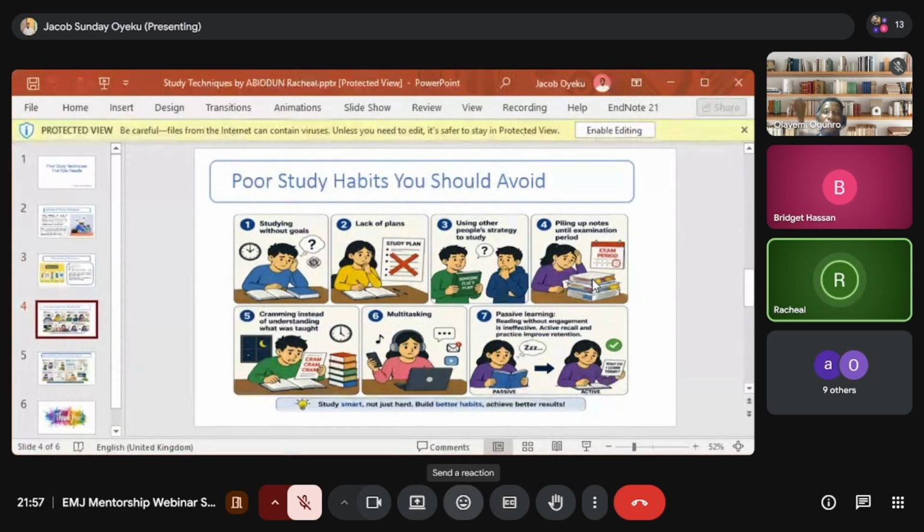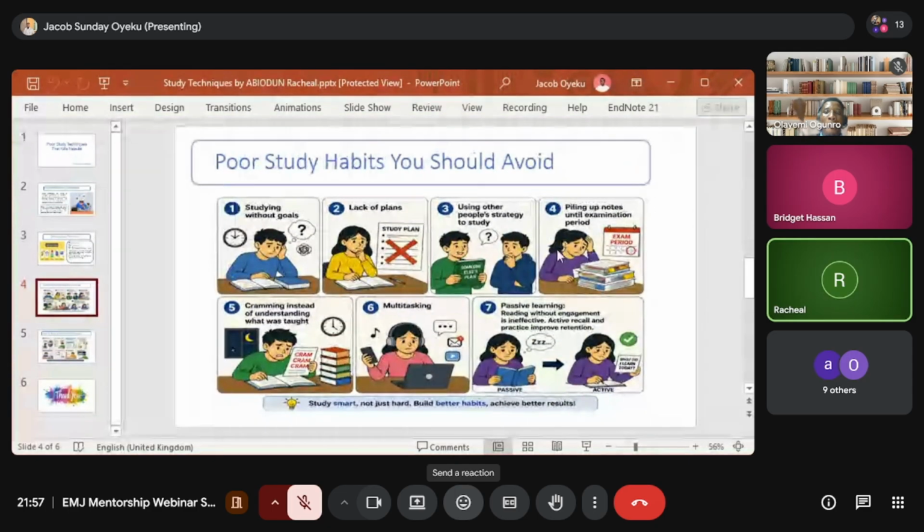So the poor study habits that you should avoid: studying without having a goal. Okay, this is the subject you want to read, it's chemistry. No, even before starting your reading, have your goal. What do I want to score in this subject? Is it 70? Is it 80?